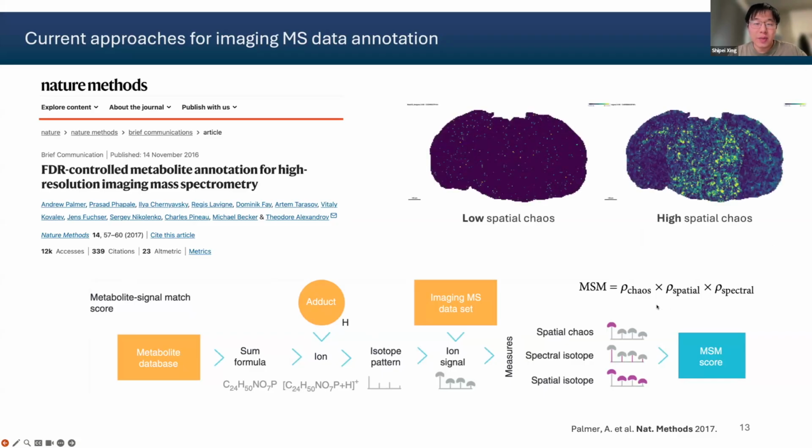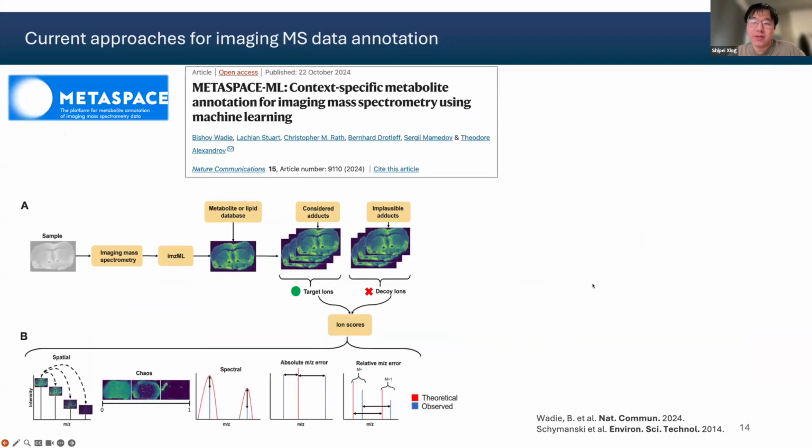Just to give you more information, the measure of spatial chaos quantifies spatial informativeness within the image of the principal peak. More recently, they developed a machine learning approach that also integrates absolute or relative m/z error together with the mentioned three measurements to achieve metabolite annotation.